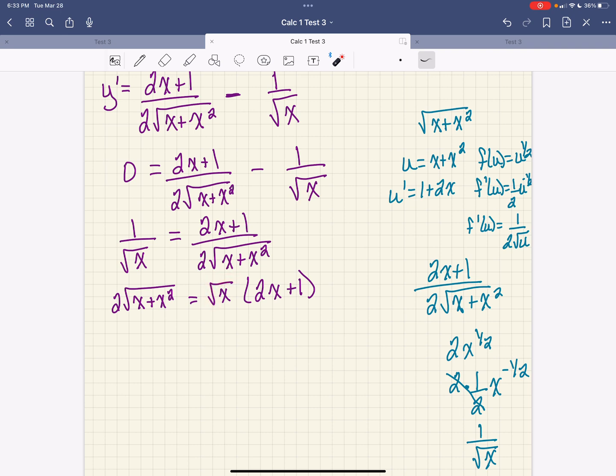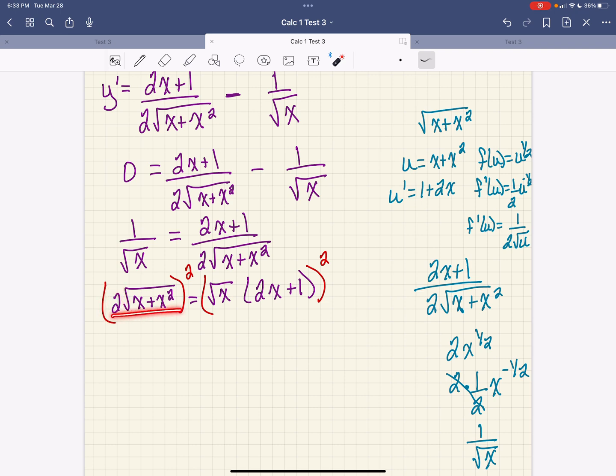I could divide and try to move all the x's to the same side, but actually what would really be helpful is to square both sides, because when I square both sides, I get rid of all of my square roots. But you have to remember, I square this and it gets rid of the square root, but I've also got to square this right here.